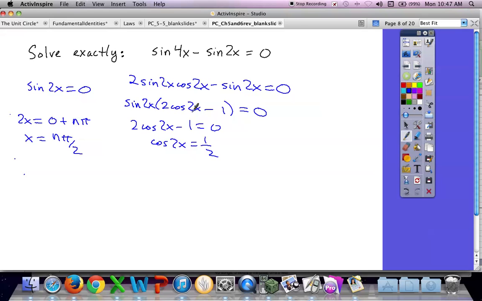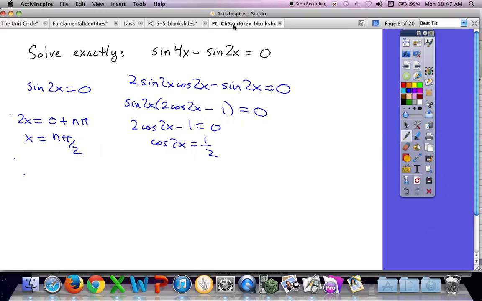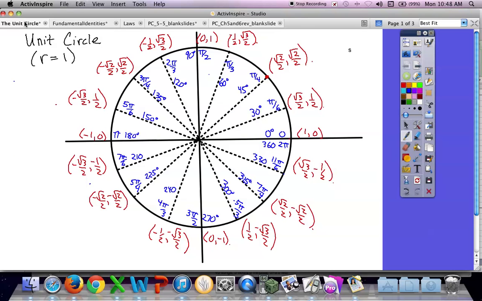Okay. So now we're back to where does the cosine equal 1/2? Pi over 3, 5 pi over 3. So you have to say when 2x equals pi over 3, but how often is that going to repeat itself? I'm going to be back to the same place every 2 pi.